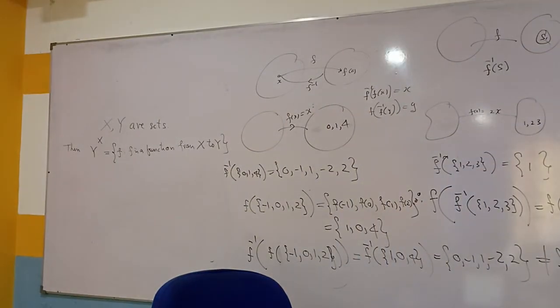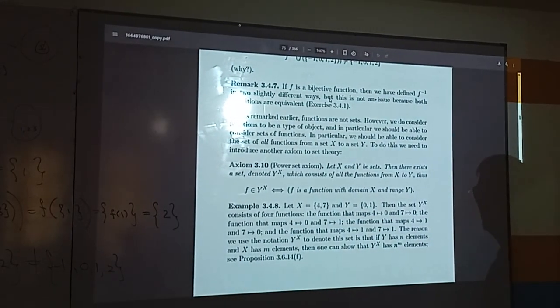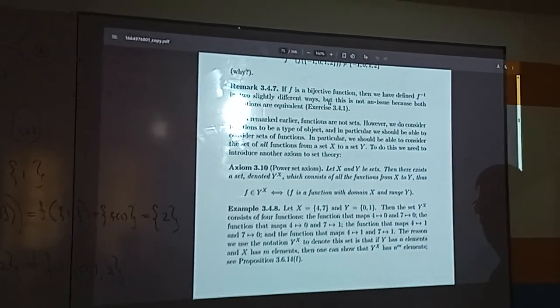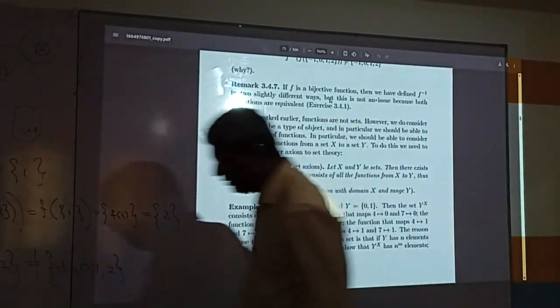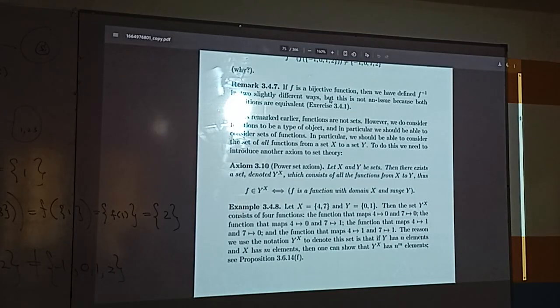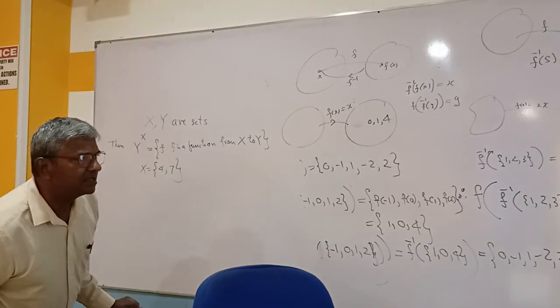Let's say X equals the set consisting of 4 and 7, and Y is the set consisting of 0 and 1. Then Y to the X consists of 4 functions. Let me do it quickly. X is {4, 7}, Y is {0, 1}.